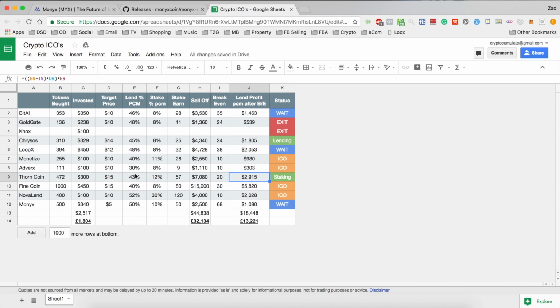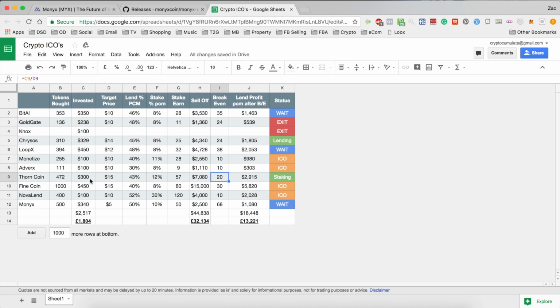So I've invested $300. I invested $300, which got me 472 tokens. In order to make back my $300, I need to sell 20 tokens. Okay, and that will leave me with 452 tokens.